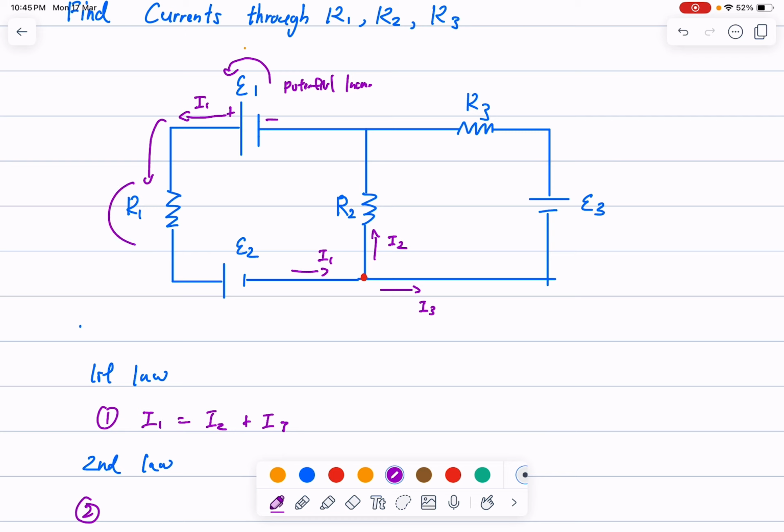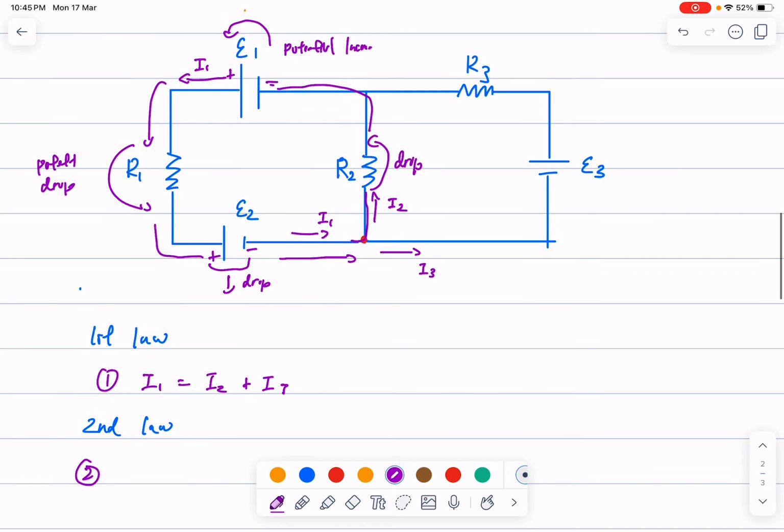Resistors cause potential decreases, so here there's going to be a potential drop. Here, because I'm going from the positive end of the battery to the negative end, this is also going to be a drop. And if I keep going up in the I2 direction, going here, it's going to be a potential drop again. And I get back here.